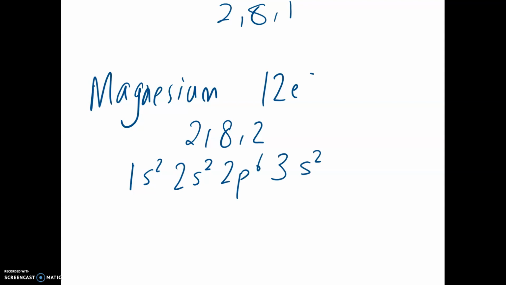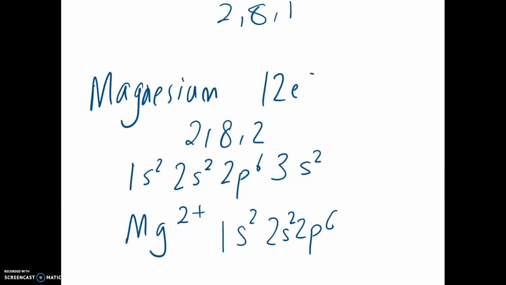Now you need to be really careful if you're looking at atoms or ions. So if I was to write the electronic configuration for a magnesium ion where I've lost 2 electrons, then it will become 1s2, 2s2, 2p6, which means I'll lose my final shell.